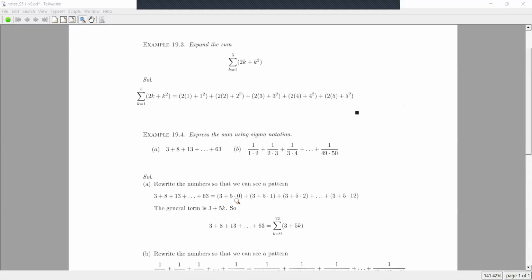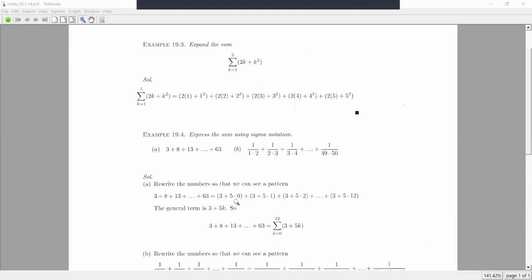So in total, how many terms? From 0, 1, 2 to 12, in total there are 13 terms. Okay. Now, the general term is 3 plus 5 times k. What is k?